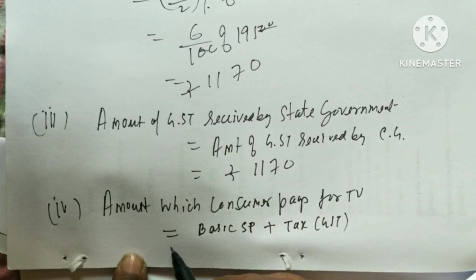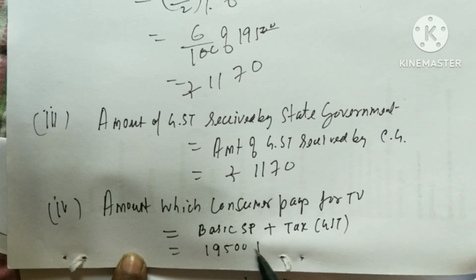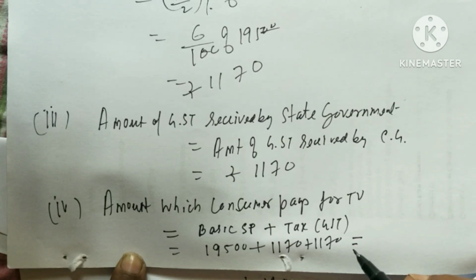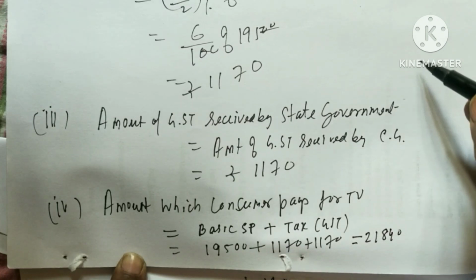So there are two ways of doing it. Either you write 19,500 plus 1170 plus 1170. That comes to 21840.